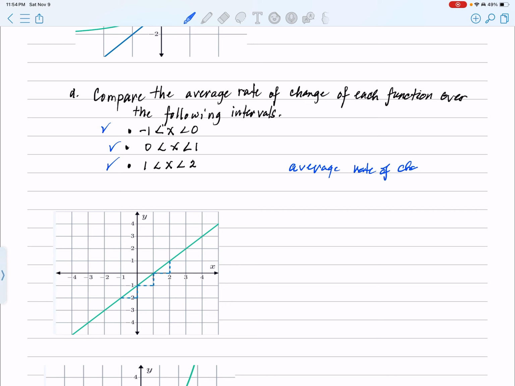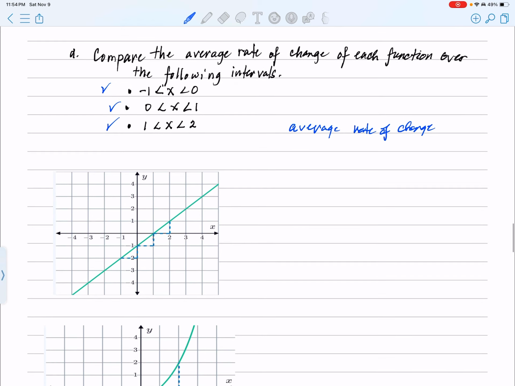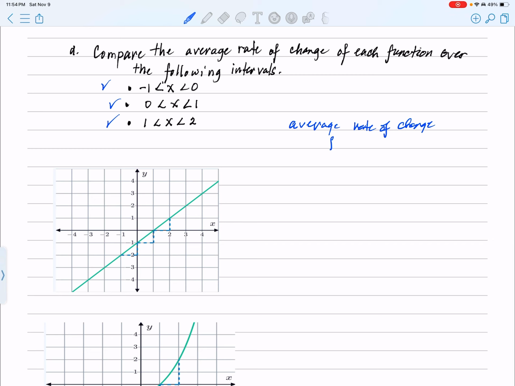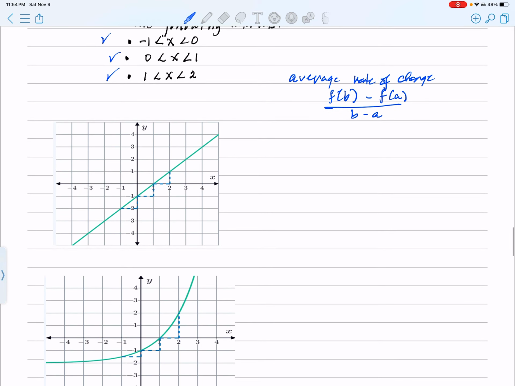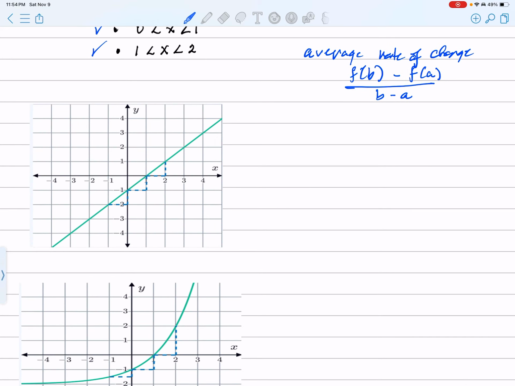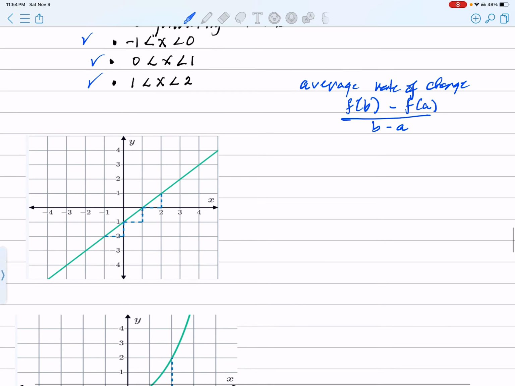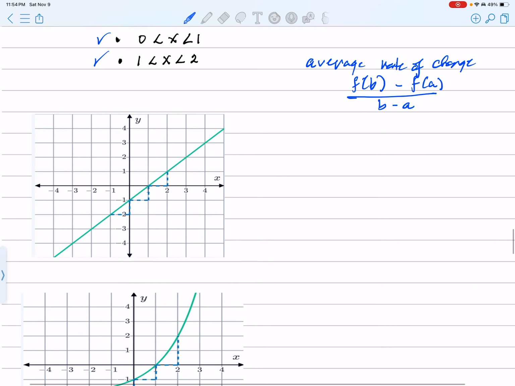When we did the average rate of change, we did f of b minus f of a over b minus a. That's the location. Okay, so let's look at this graph right here, with the interval of when x is negative 1 to 0.